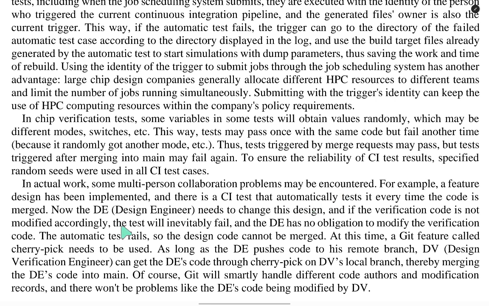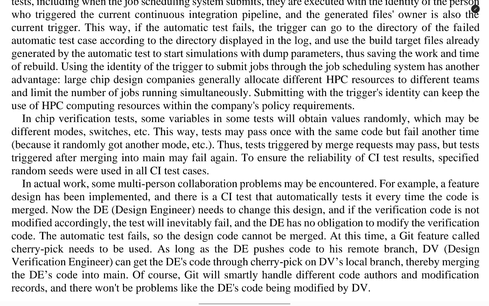Now the design engineer needs to change this design, and if the verification code is not modified accordingly, the test will inevitably fail, and the DE has no obligation to modify the verification code. The automatic test failed, so the design code cannot be merged.